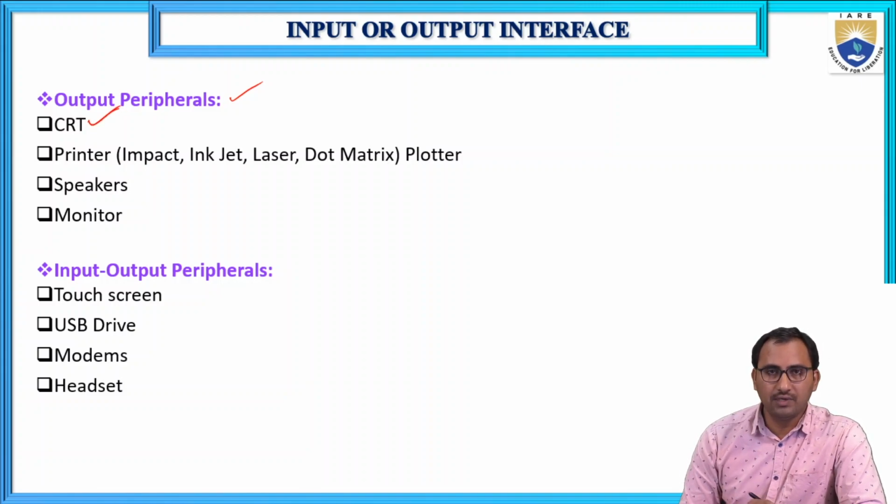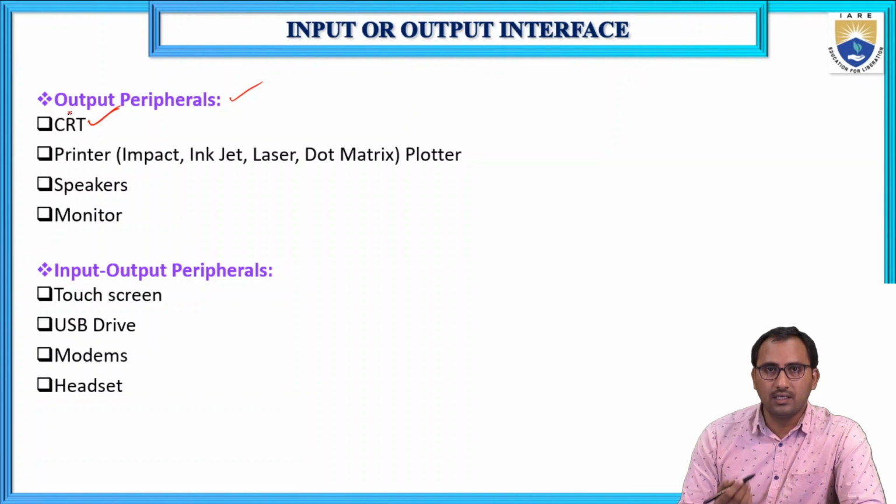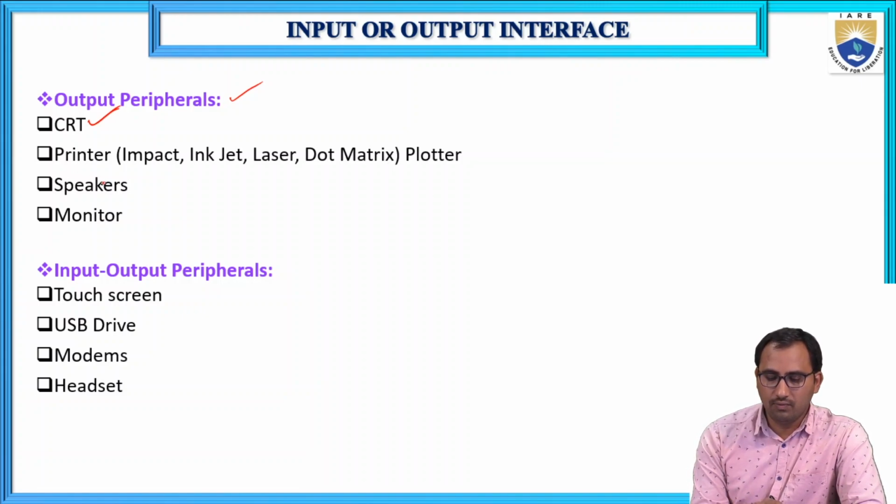But nowadays we are using LCD displays and LED displays. So CRT is the oldest type of display. And next, the printer. We have different types of printers: impact, inkjet, laser, dot matrix, plotter. So these are the different printers. A printer is an output device.